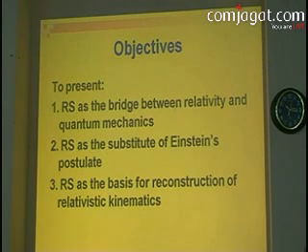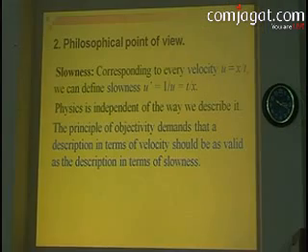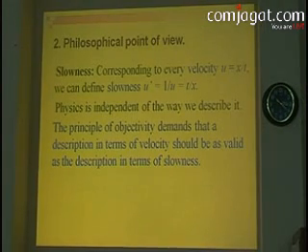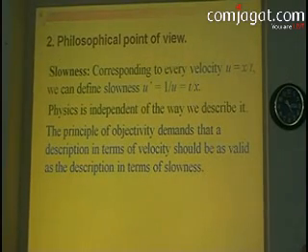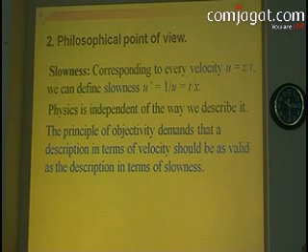Number two, to present RS as the substitute of Einstein's postulate. Number three, to present RS as the basis for every velocity u, which is x by t. We can define the slowness, which is the reciprocal of the velocity u, which means that t equals x by u.